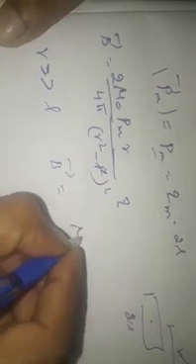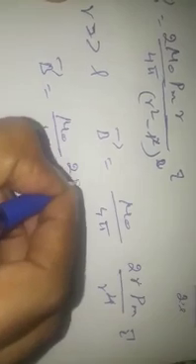So we can write the B vector is equal to mu naught by 4 pi 2r Pm divided by r power 4. This one square again, so r power 4. One r will get cancelled, into i cap. So the B vector is equal to mu naught by 4 pi 2 Pm by r cube.